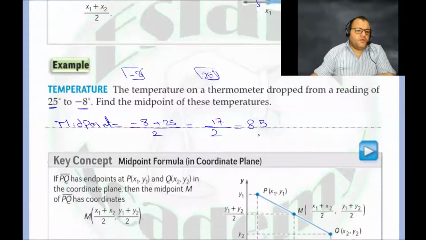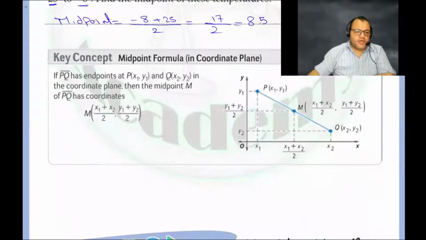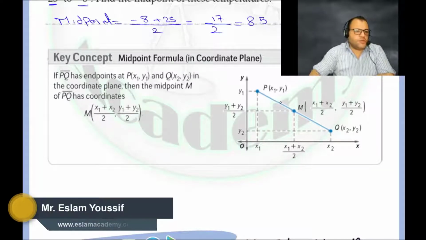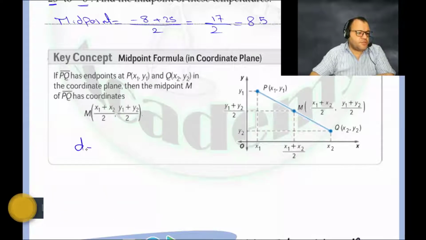Okay. So suppose that we have 2 points, x1, y1 and x2, y2, that lie on the coordinate plane, and we need to find the midpoint. By the same approach, to find the distance between the 2 points, how can we find the distance between them?